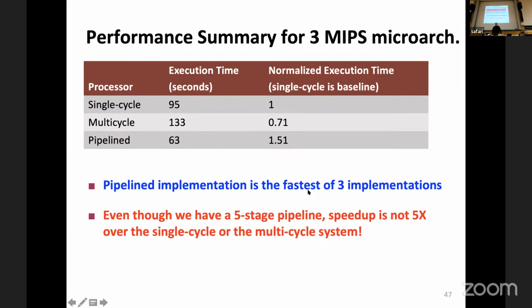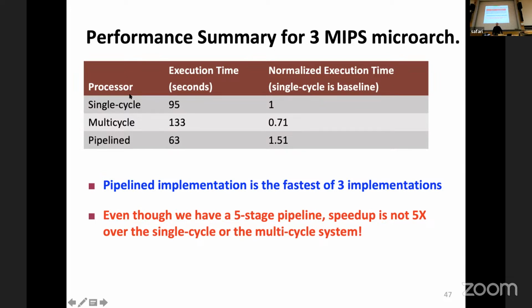That's normal in pipeline processors due to the overhead that you need to add for those registers, like the setup time, hold time, and also the combinational logic and forwarding paths. All of these things can increase your critical path latency. So in the end, your clock period is not going to be 1/5 of the clock period of the single cycle processor. That's one thing.